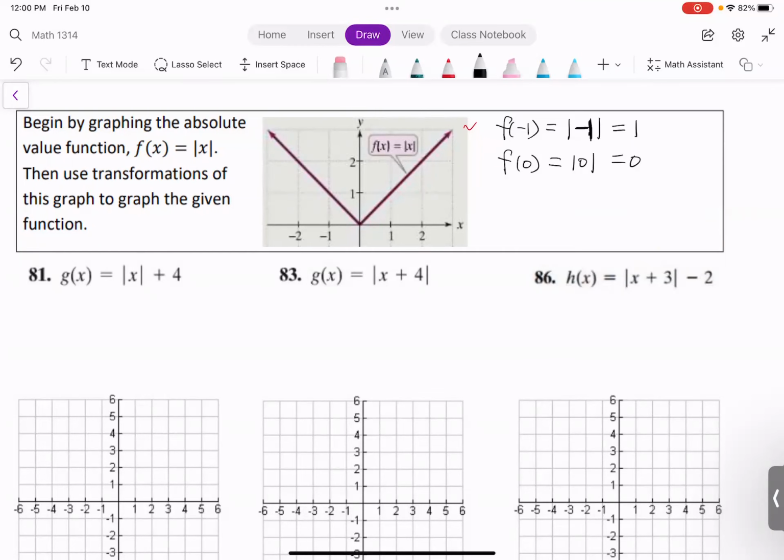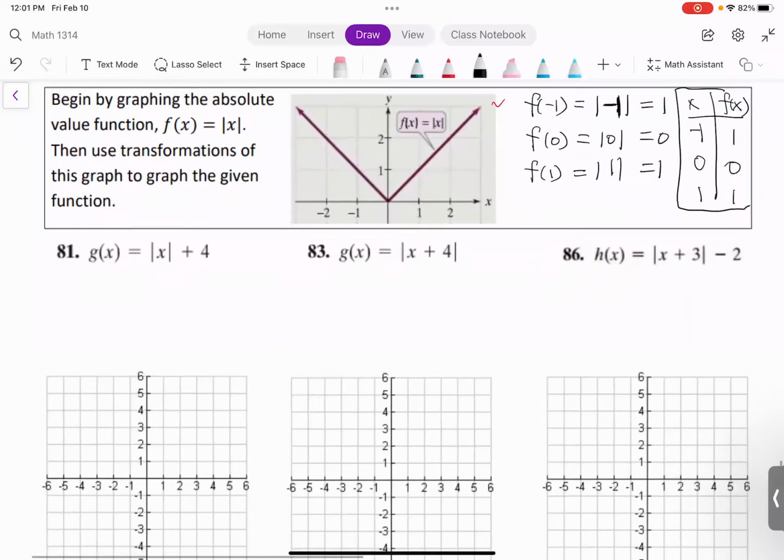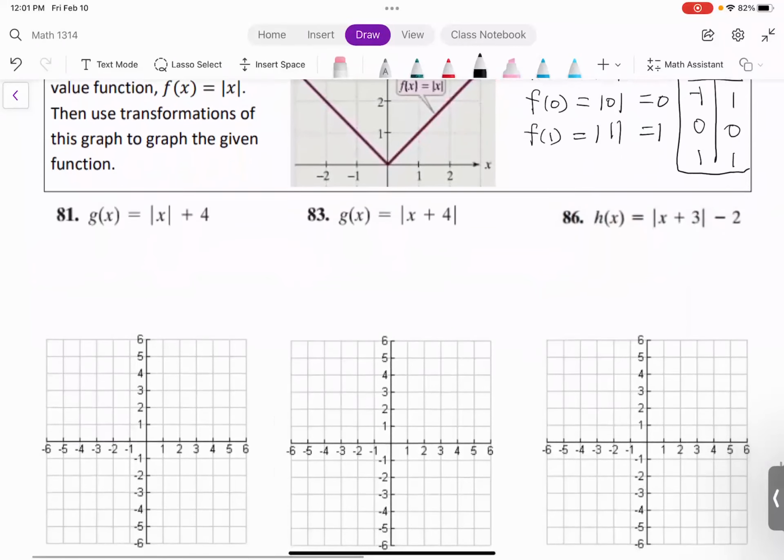And how about we plug in +1. So the absolute value of +1 is still +1. Okay, now we have 3 key points. They are x, f of x: -1, 1, 0, 0, 1, 1. Let's box them.